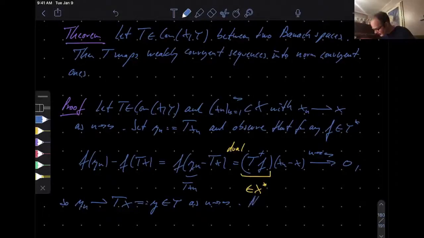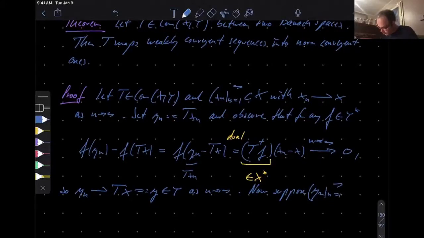Now what we do, and that uses compactness, now suppose that the sequence y_n does not converge to y in norm.